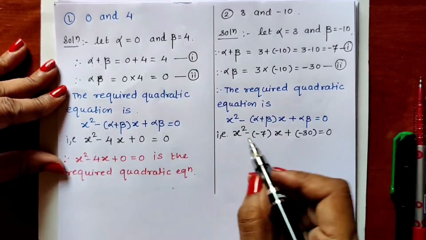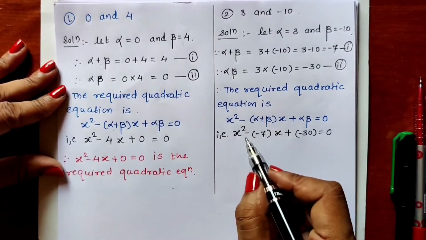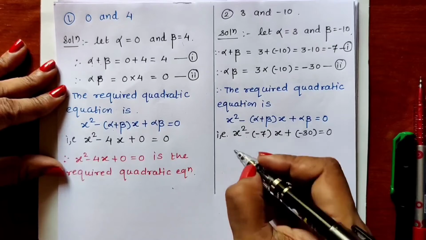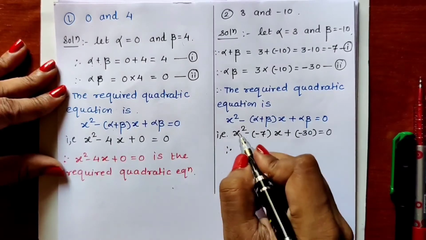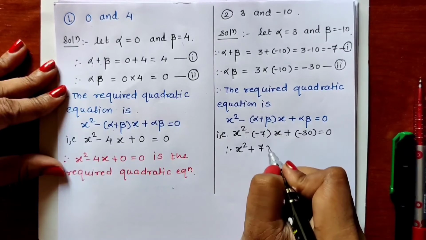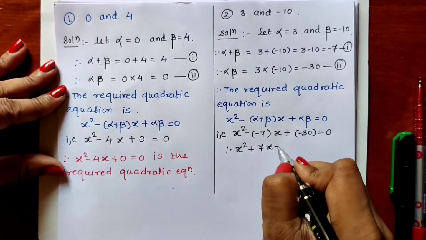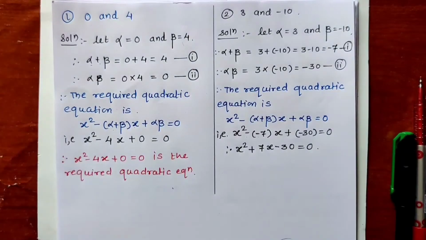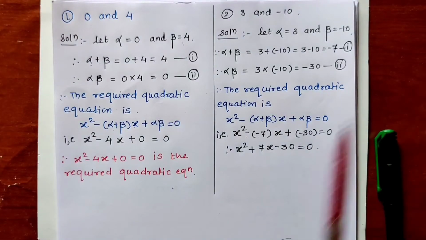So see children, minus two signs are coming together here also. So let us combine them and make one sign and then write the answer once again. x square minus minus becomes plus 7x plus minus becomes minus 30 is equal to 0. So this is our required quadratic equation.